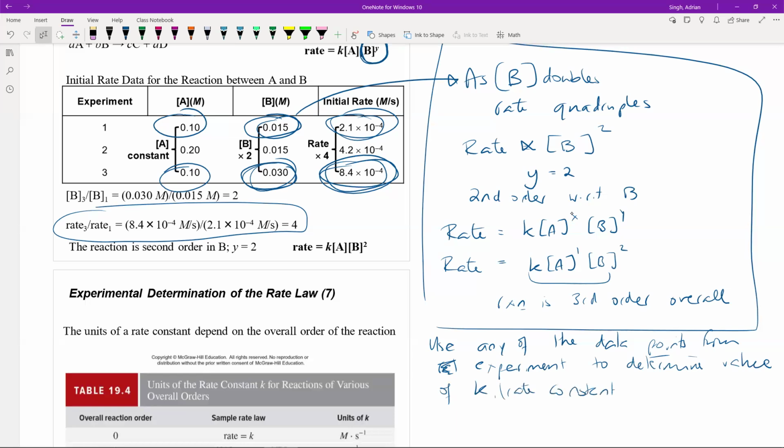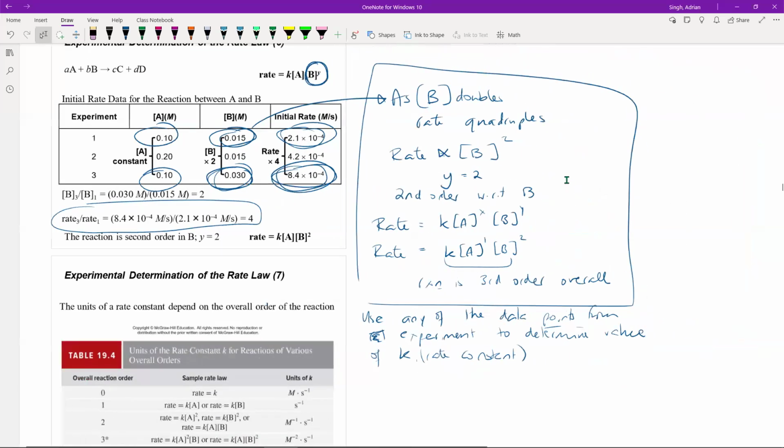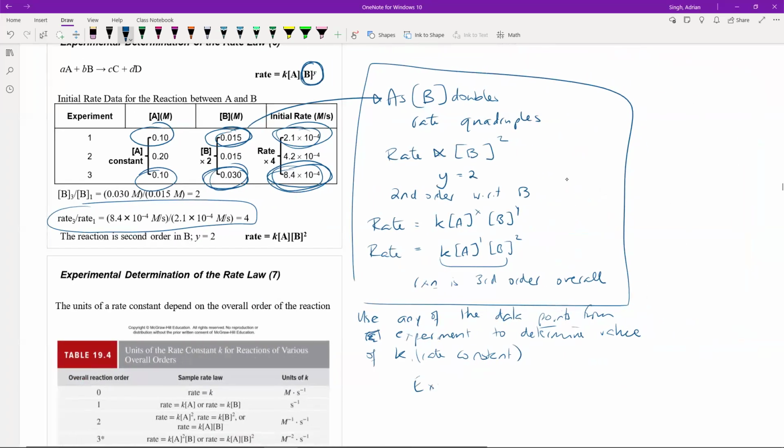So for example, in the one that we did previously, we know that the rate is equal to k times A to the first power times B to the second power. So if I want to solve this for k, rearrange our equation, k would be equal to the rate divided by A to the first power times B to the second power.